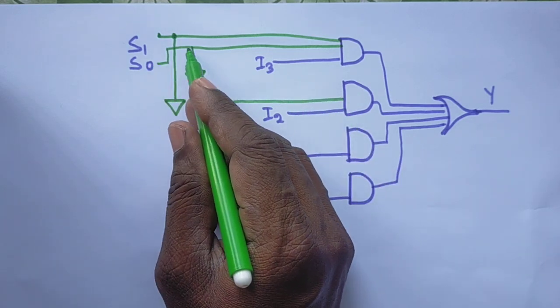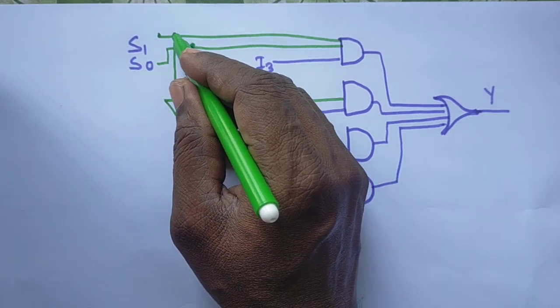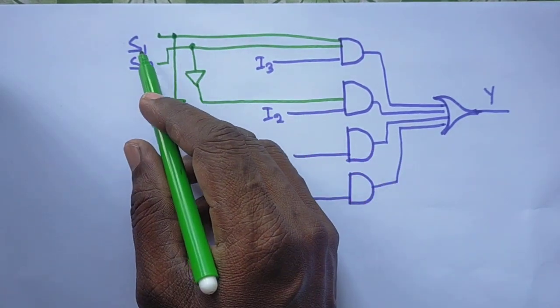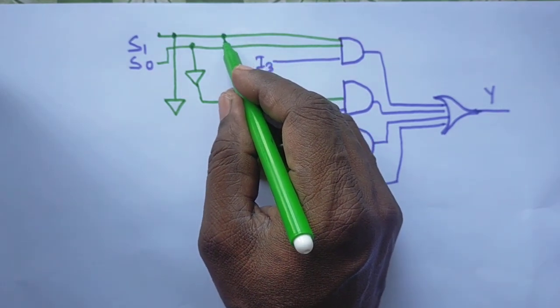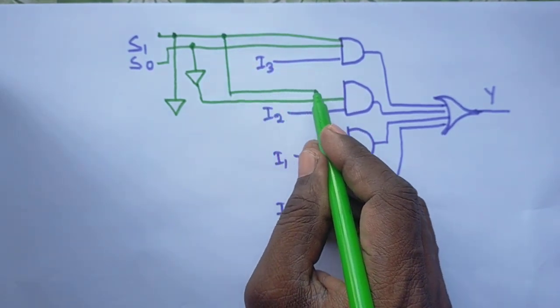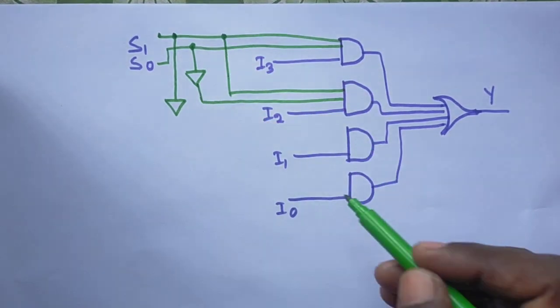This is S0. S0 here is a complement. This complement we consider in this manner. Another is S1, simple S1. Whenever S1 is there, it will come like this. Very simply, it will come like this. S1 and S0 complement.